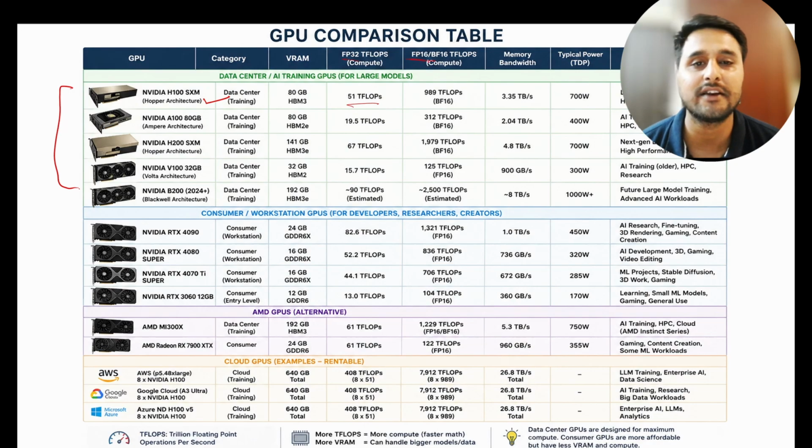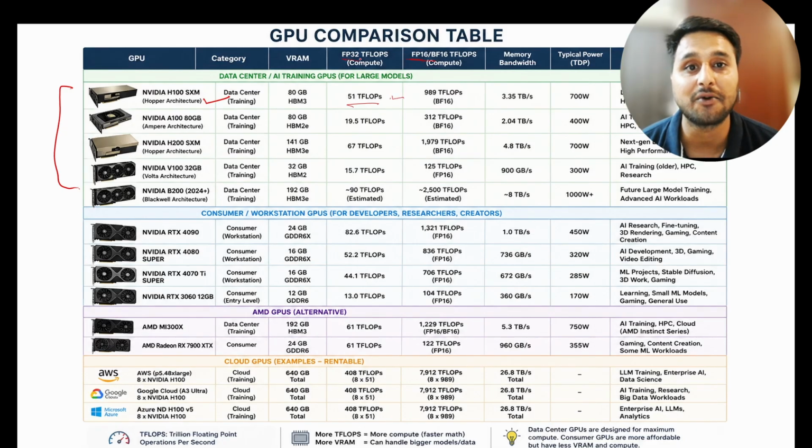First, FP32 shows 51 trillion FLOPS. T stands for trillion. That NVIDIA H100 SXM can do 51 trillion mathematical operations per second with high accuracy, but it takes more time.